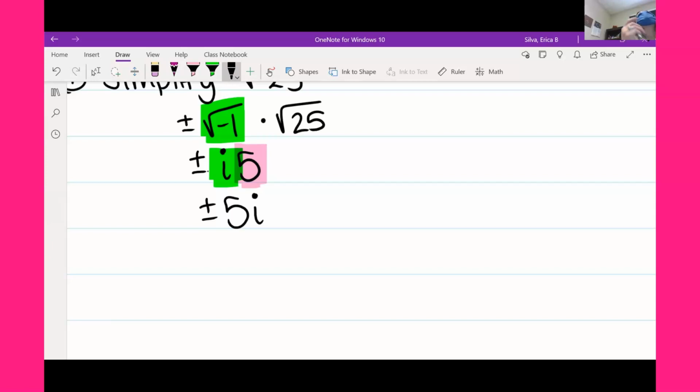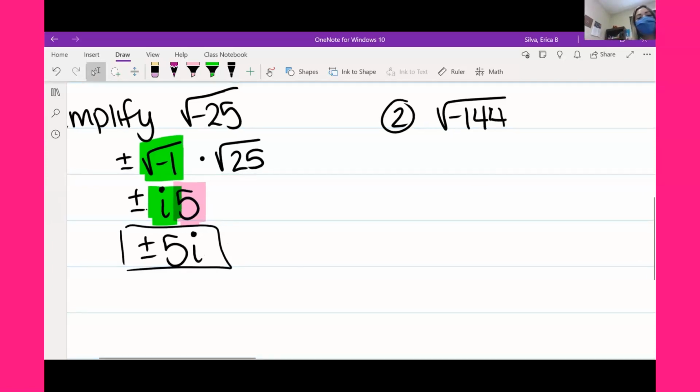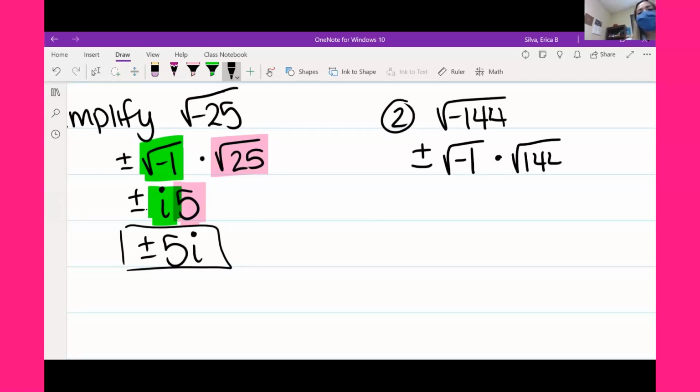Want to factor out that radical? Factor out that -1 and then simplify. All right, so we're going to say plus or minus square root of -1 times square root of 144.